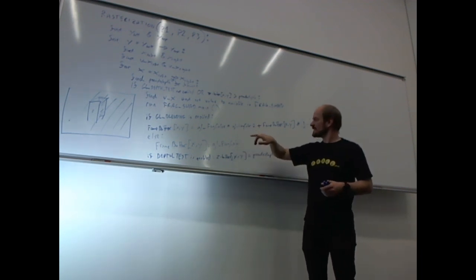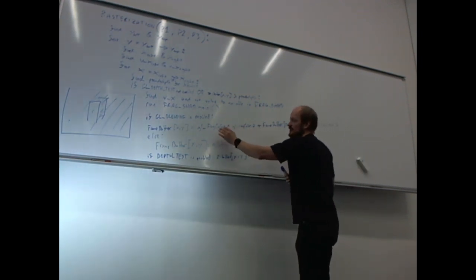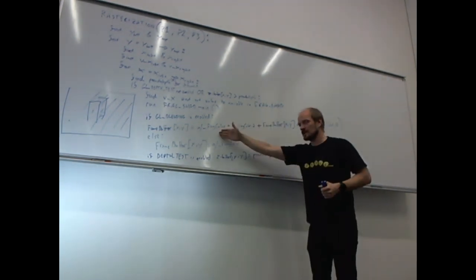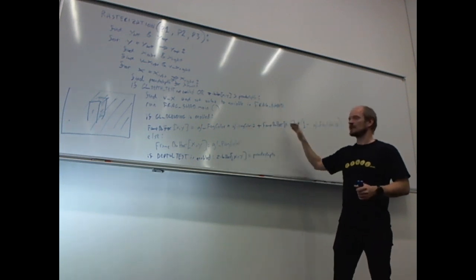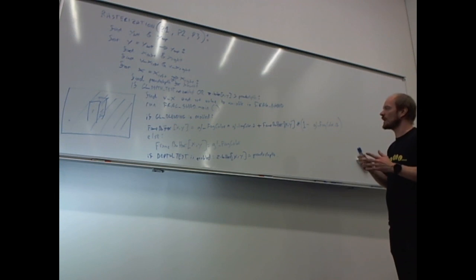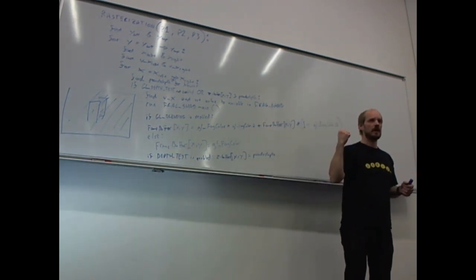So if that is 0.8, 80%, then we'll get 0.8 times this, 0.2 times this. If this is 0.5, we're going to get the 50-50. If this is 99%, we're going to get 1% of this. Okay, so this makes sense for transparency. So now we've fixed our idea with the hard-coded opacity. Now we have an actual opacity value.